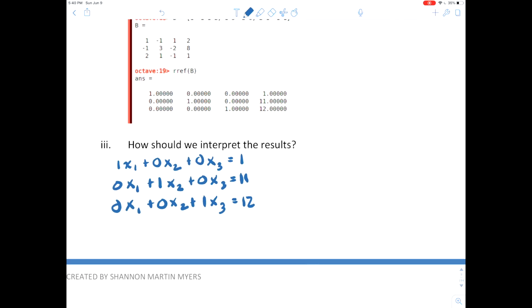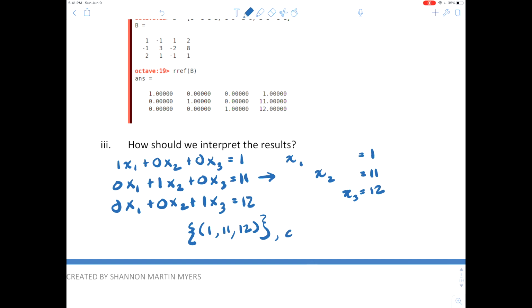Well, this system is equivalent to x1 is 1, x2 is 11, and x3 is 12. That one's not very hard to solve, right? So our answer for this problem on the computer is that it intersects in one ordered triple, and the ordered triple is (1, 11, 12).